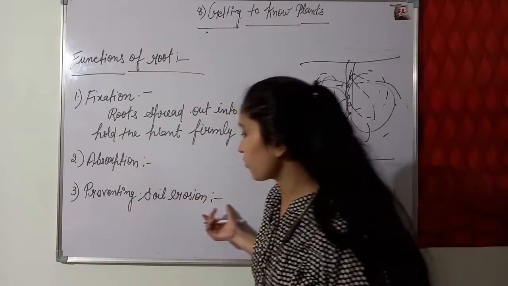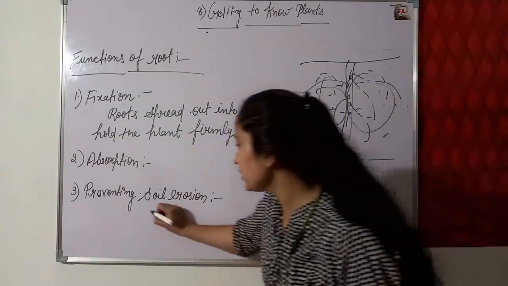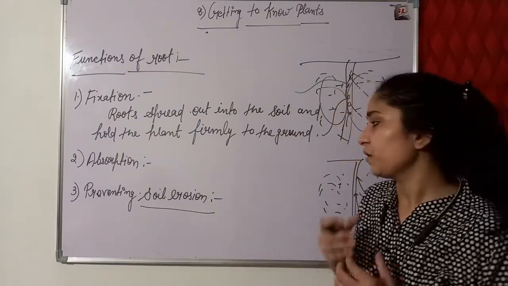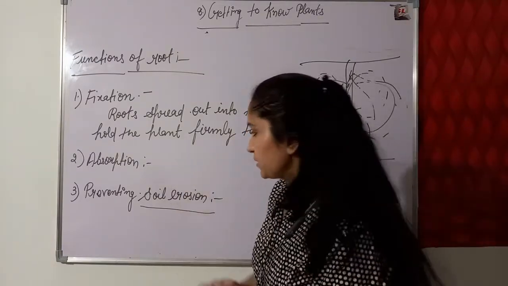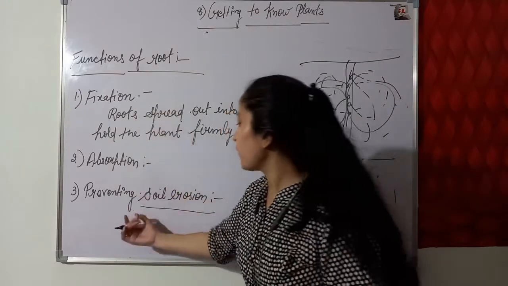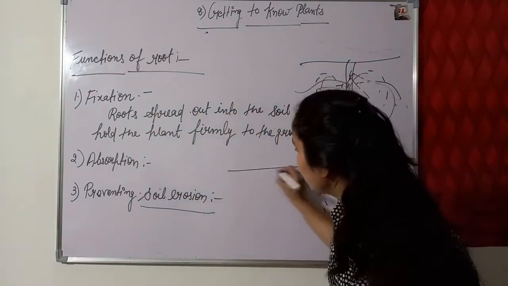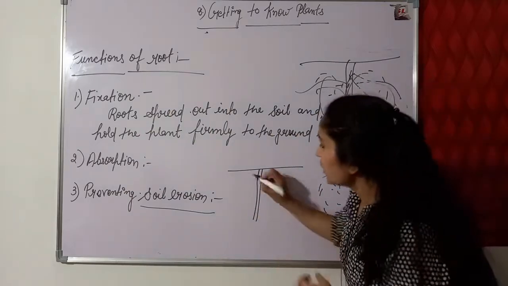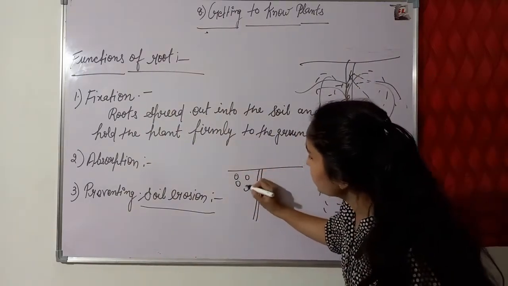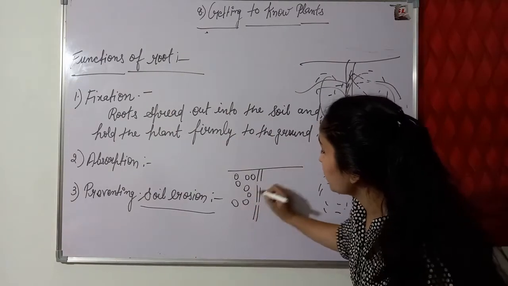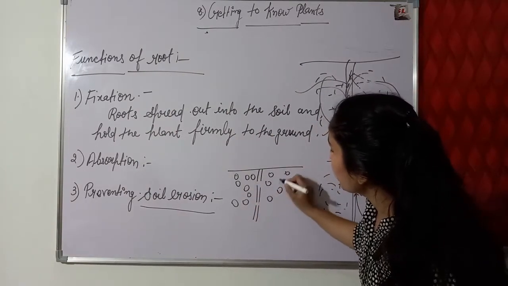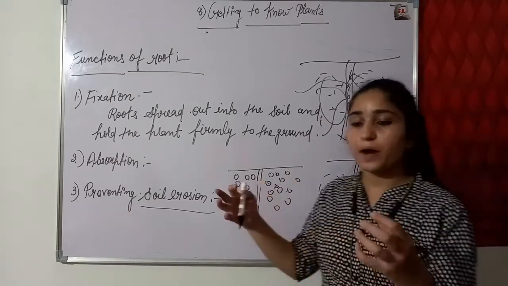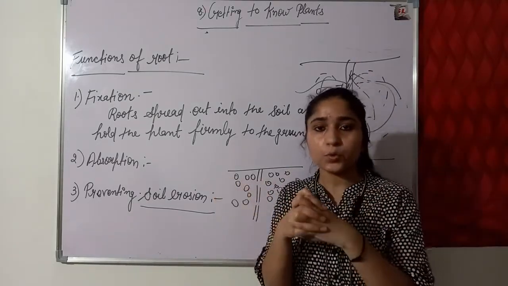Next is preventing soil erosion. Soil erosion means the blowing away of soil by wind or water from one place to another. So how can plants prevent soil erosion? The roots of the plants keep soil particles fixed tightly close to each other.